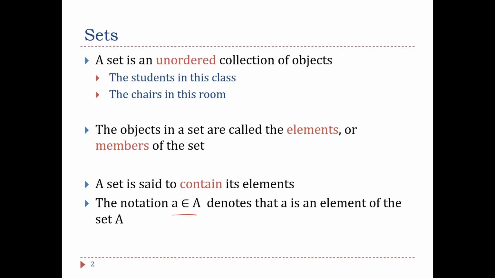It denotes that a is an element of the set capital A. If the element a, small letter, is not a member of the set A, then we write that a does not belong to A in this way.